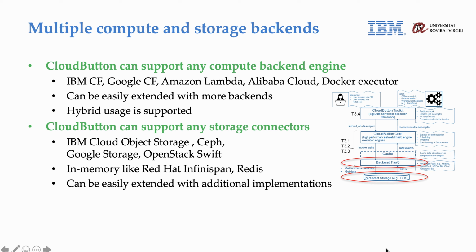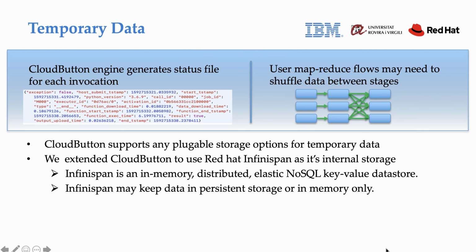There's also a hybrid use case supported, where we can deploy to different cloud providers or to different serverless architectures. And we can support any storage connectors: IBM Cloud Object Storage, Ceph, Google Storage, OpenStack Swift. We also support in-memory storage solutions like Infinispan. And again, the modularity of our implementation allows us to implement much more if we need it in the future.